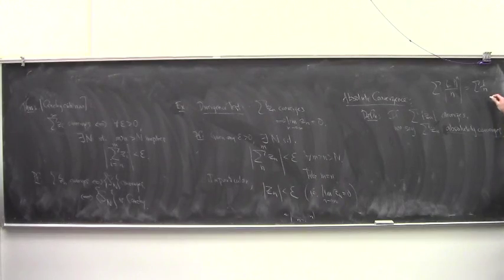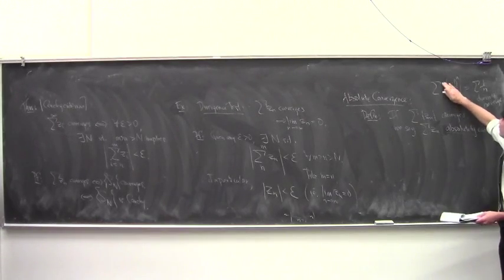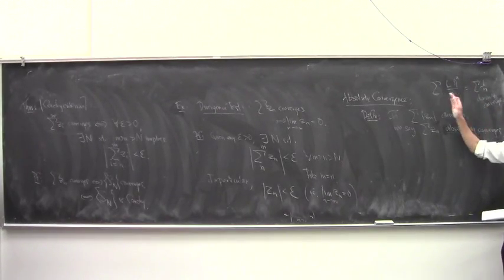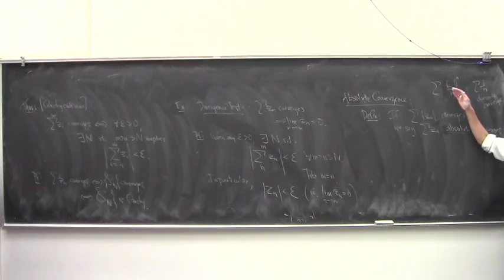This series doesn't converge. But maybe you remember from Calc 2 that the original series is an alternating series with decreasing sizes, and that series actually does converge. So you can have a series that converges, but doesn't converge absolutely.